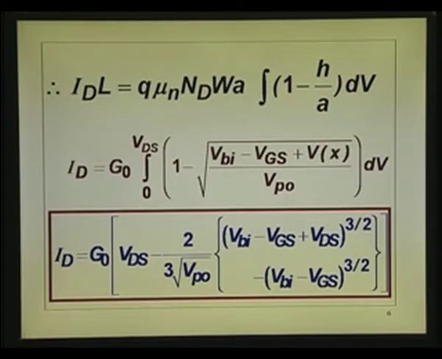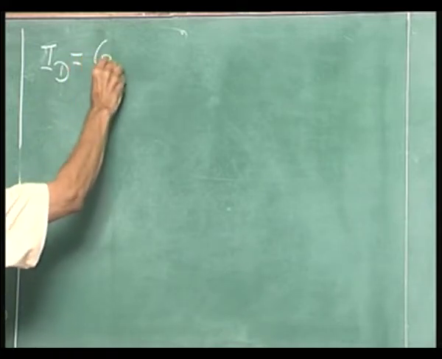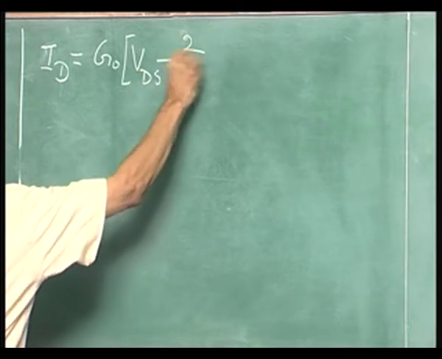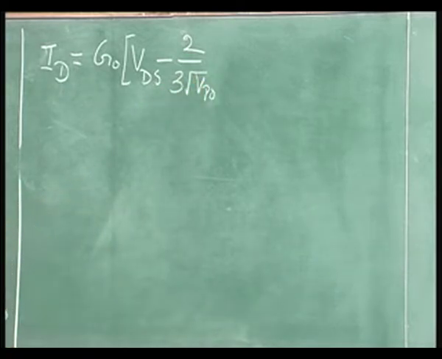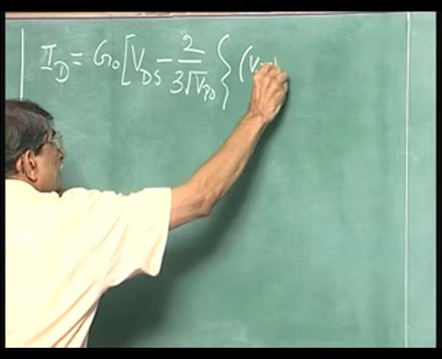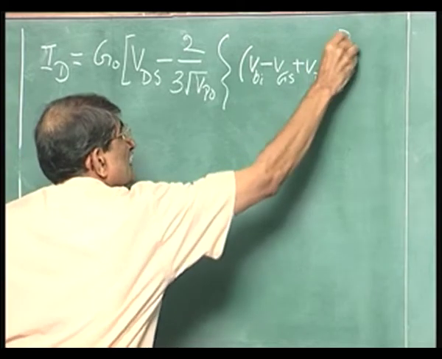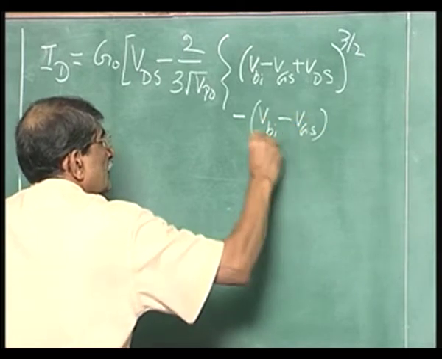So, what we have is I d is equal to G naught into V d s minus 2/3 of root of V p 0 into V b i minus V g s plus V d s to the power of 3 by 2 minus V b i minus V g s to the power of 3 by 2.